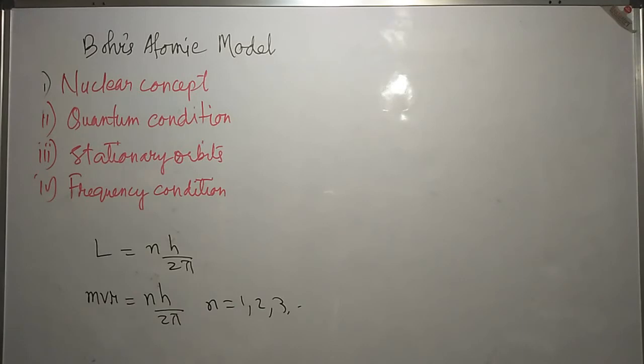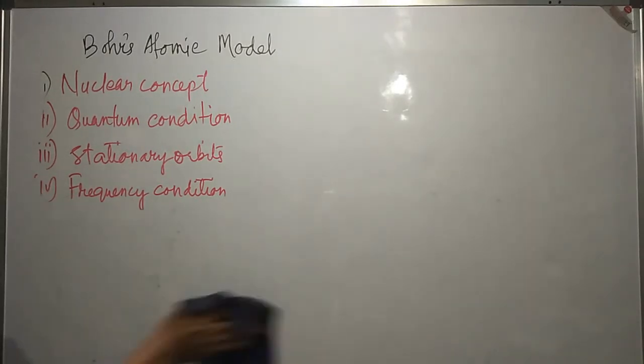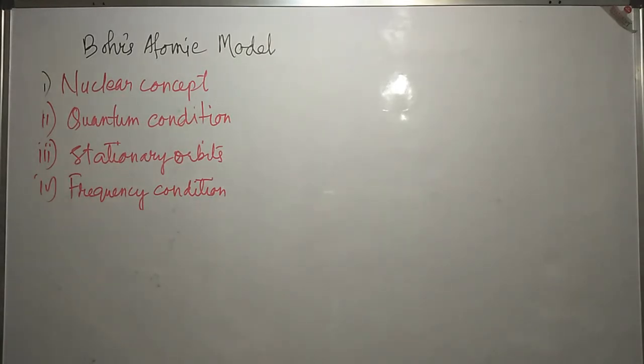Now the next point is, quantum comes from an idea called quantization, and this h is Planck's constant, which has a constant value. Before moving on to the third one, in the quantum condition, the angular momentum of the electrons is also quantized.